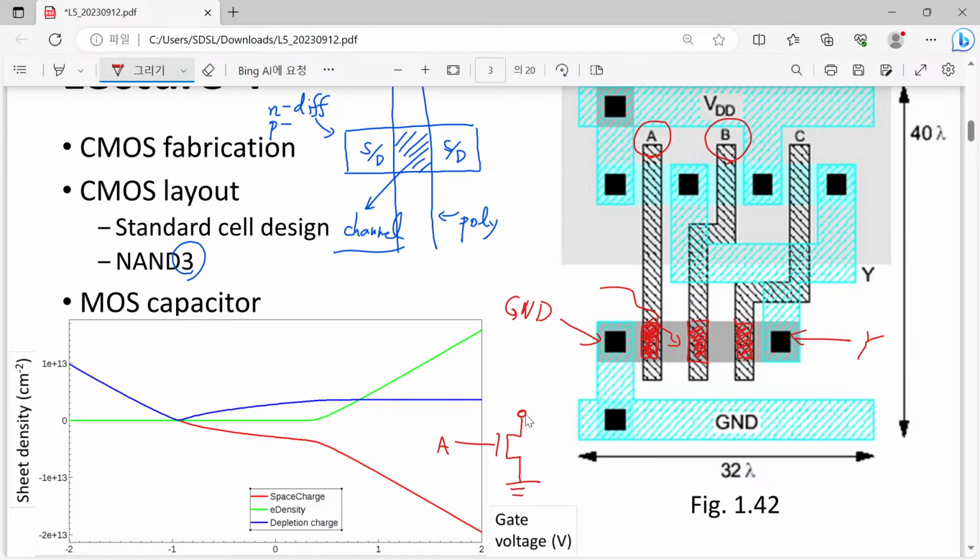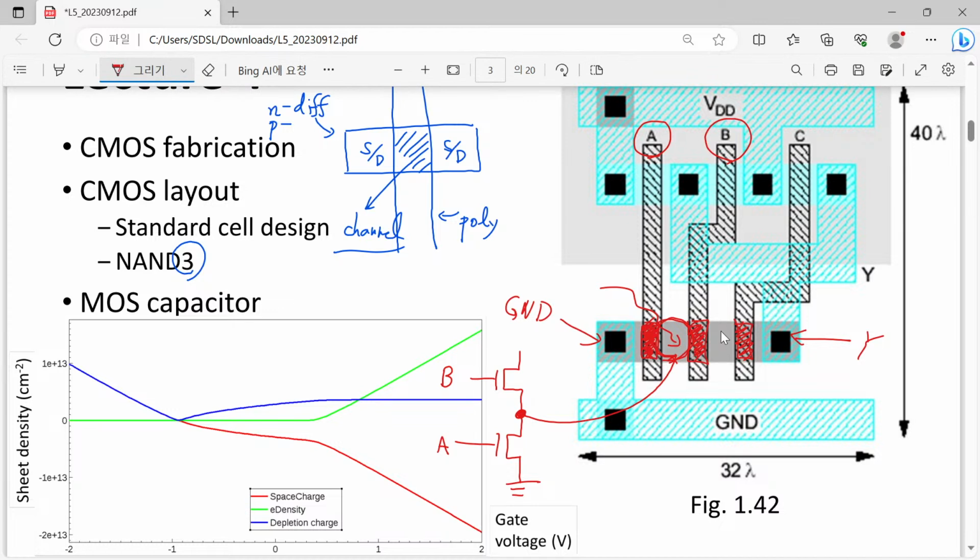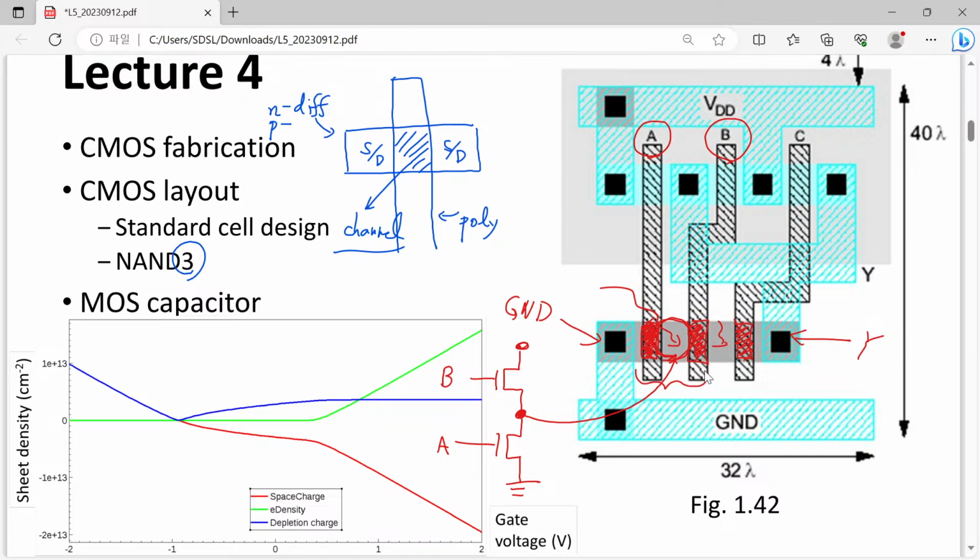Here you have another diffusion layer, and this corresponds to this point. This is one diffusion for the A transistor. However, for the B transistor, this is also working as another diffusion. So we can see that this is another transistor driven by B, and here we have another diffusion. So you can easily find that this corresponds to two serially connected transistors.